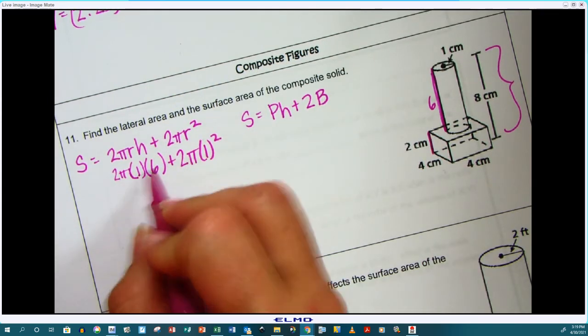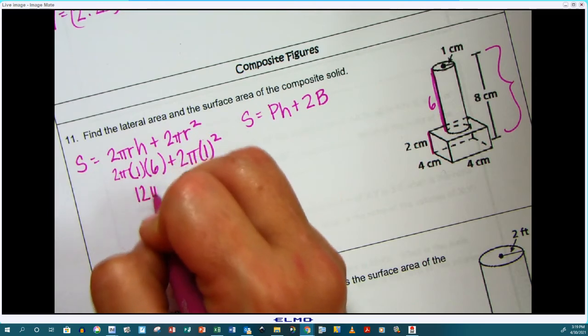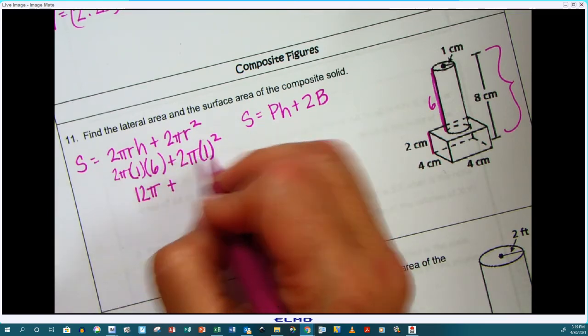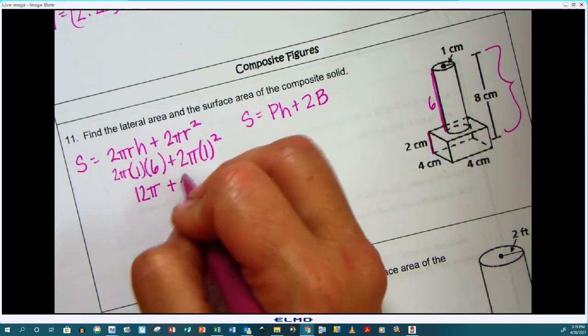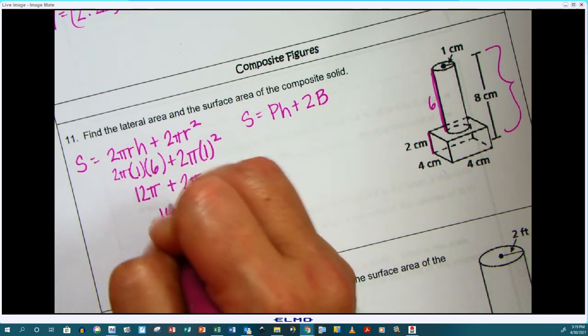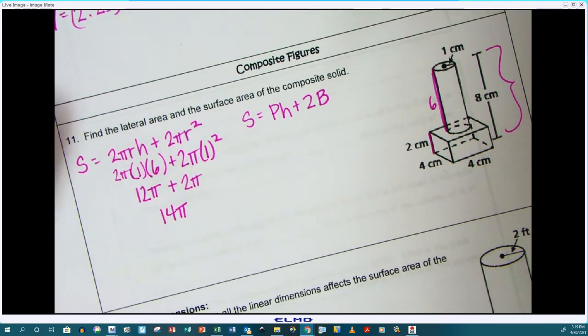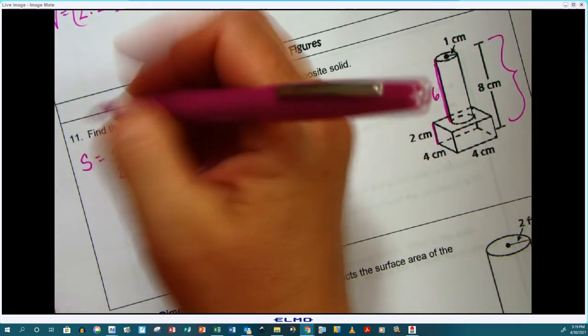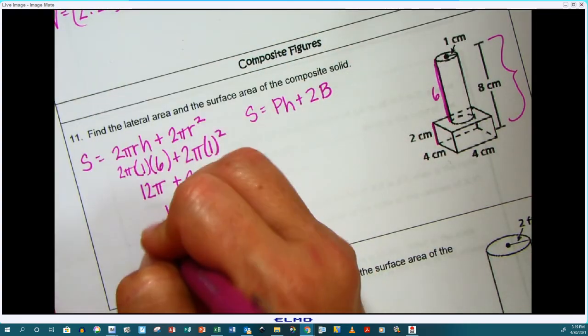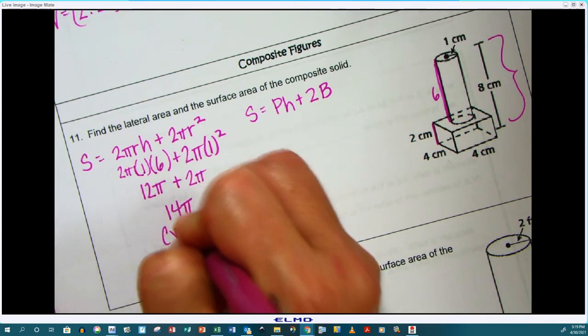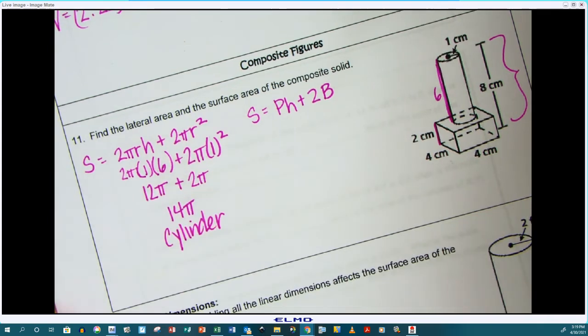So 2 times 1 times 6 is 12. And 1 squared is 1 times 2 pi. So 14 pi. So the surface area of the cylinder, so this is our cylinder, is 14 pi.